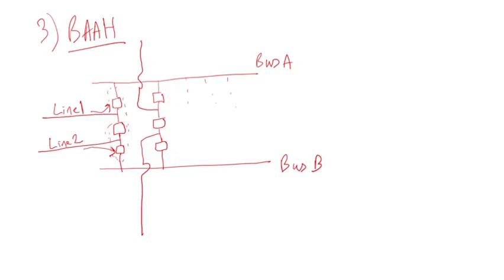So each line has a breaker, and they share one half of the third breaker. So you have 1 plus 1/2. That's where the terminology comes from. The advantage of a breaker and a half, especially if you have lots of things connected, is that you can connect as many things as you have.